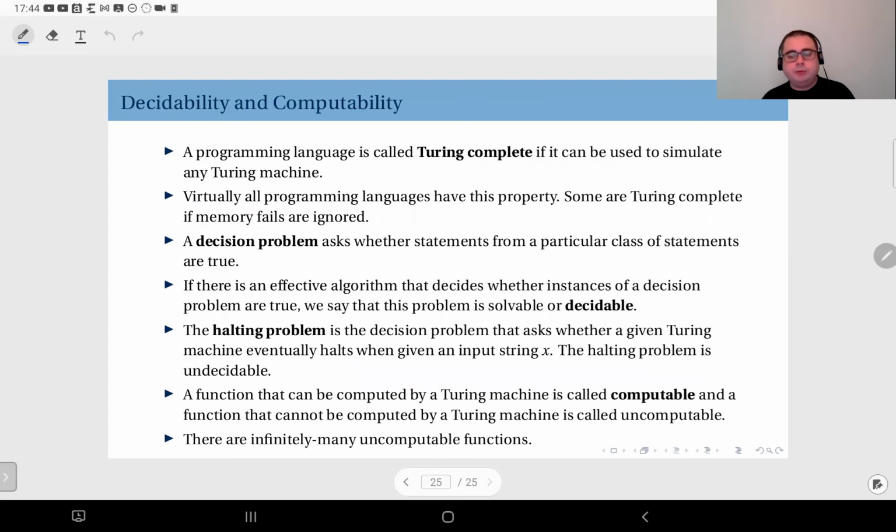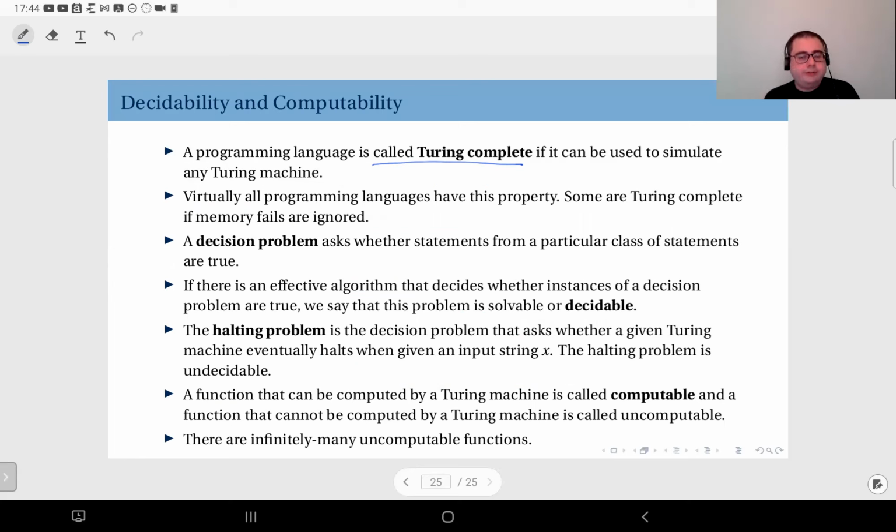Now, how do we use Turing machines in modeling computation? First of all, a programming language is called Turing complete if it can be used to simulate any Turing machine. This means a programming language is Turing complete if it can do any task that a digital computer can do.